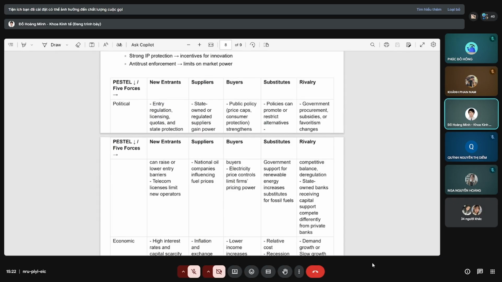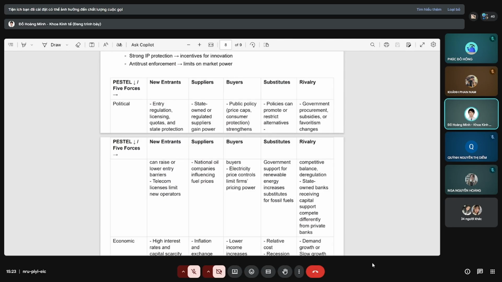For example, the capital adequacy. So you have huge money as a requirement to operate in that industry, right? Or the state protection of the national airline blocks the foreign carrier or the private airline, right?